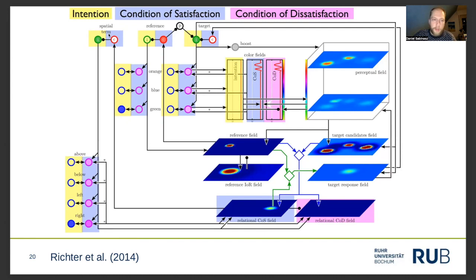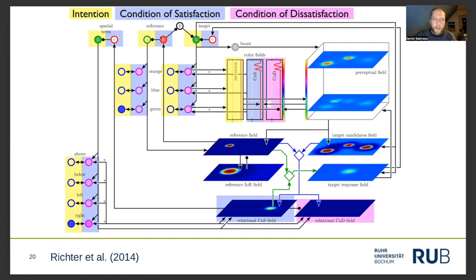The spatial term process essentially just activates these production nodes of the spatial terms and provides these spatial pre-shaped inputs into these two fields, and that's the effect of its intention node. And its condition of satisfaction is that an object which matches that spatial template has been found.